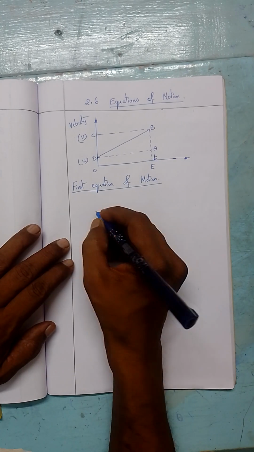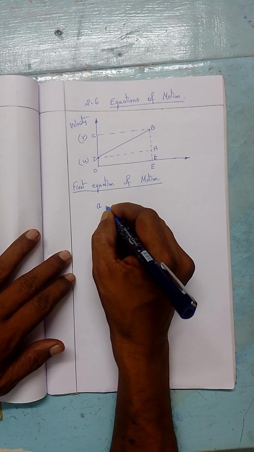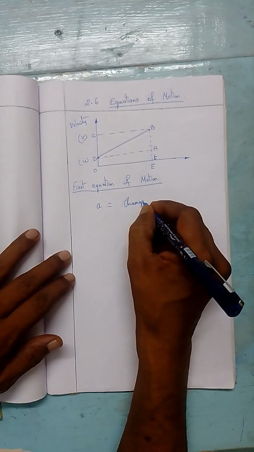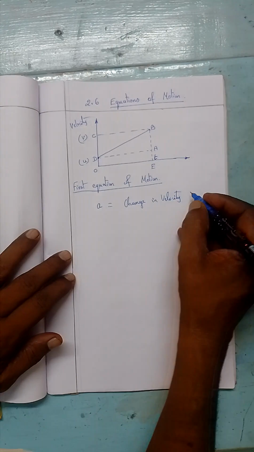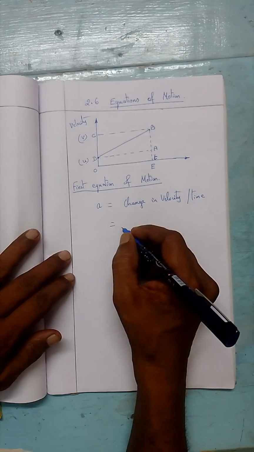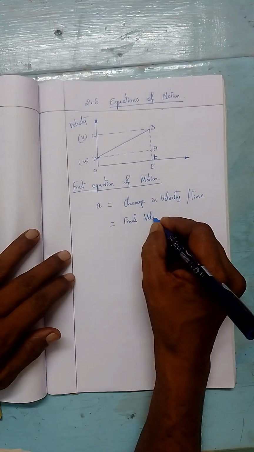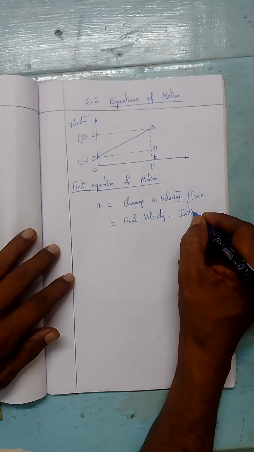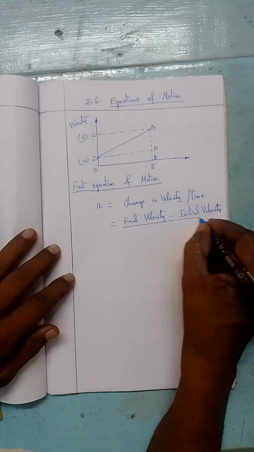So we all know that acceleration a is equal to change in velocity by time. Change in velocity means final velocity minus initial velocity, by time.